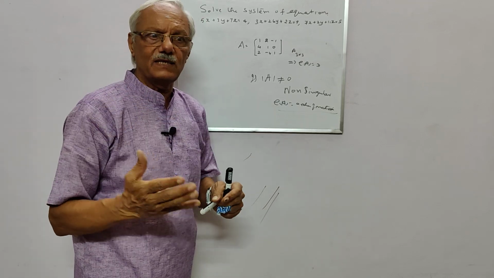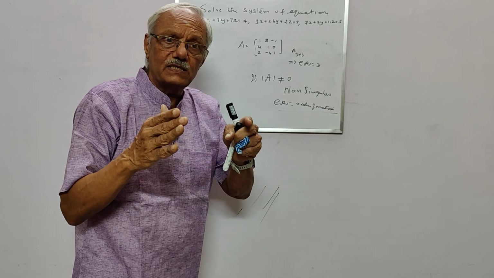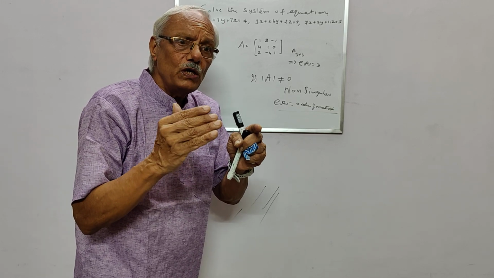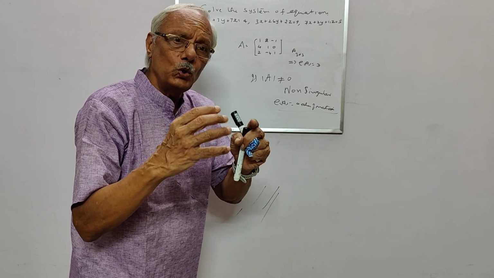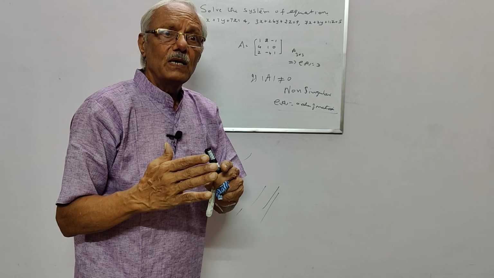The method of finding the rank of a matrix, which I explained at the beginning itself, is that you pick all the submatrices and find out the determinant value.